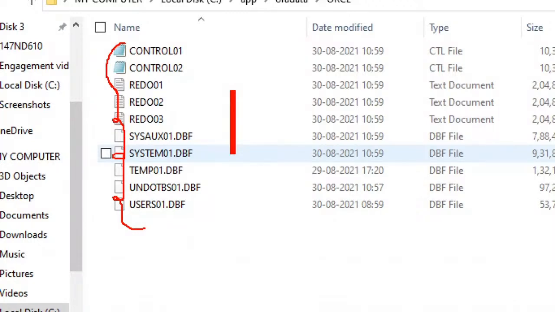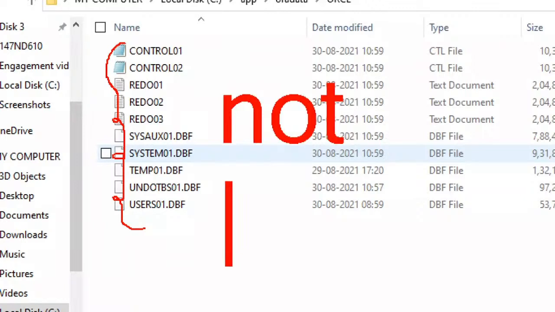I'm observing in this location, but unfortunately, Z is the table I'm giving. Is that table visible in the operating system or not visible? Very good, not visible.